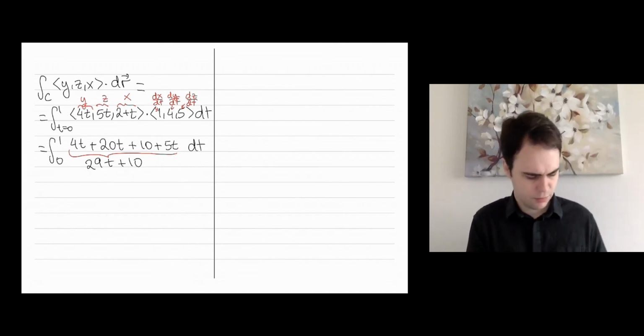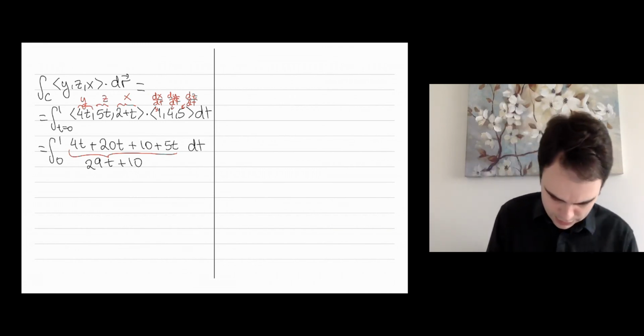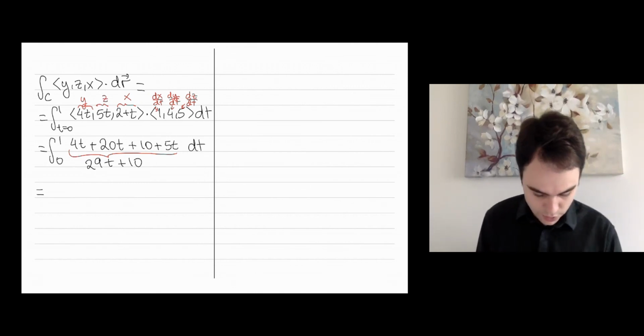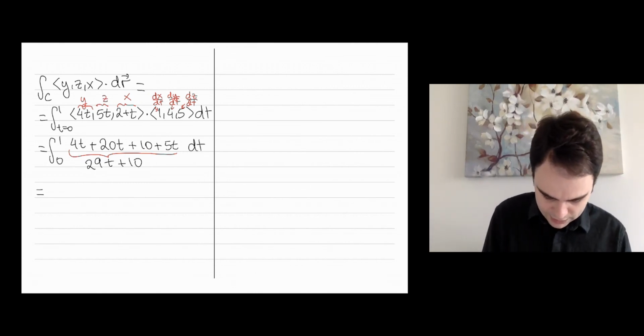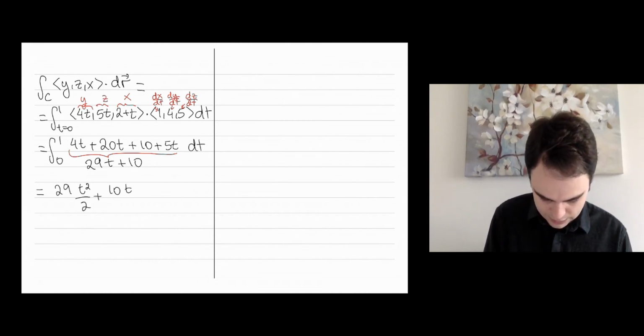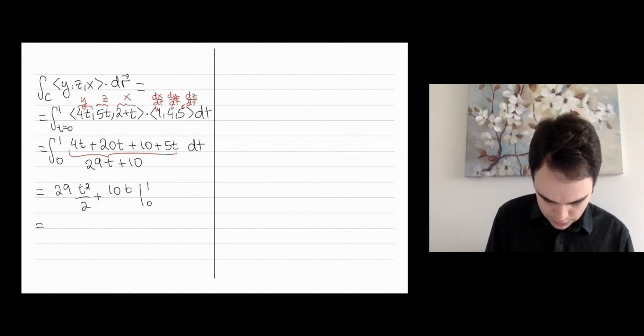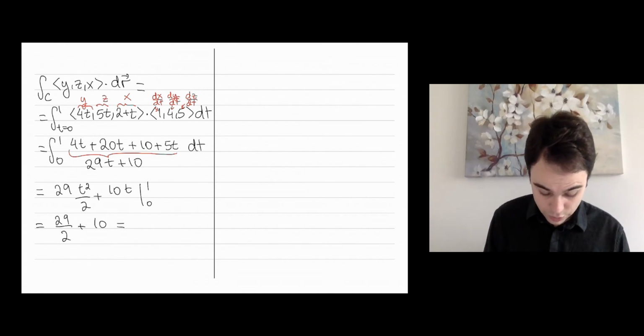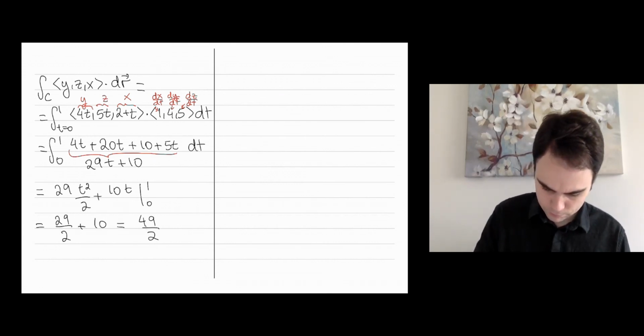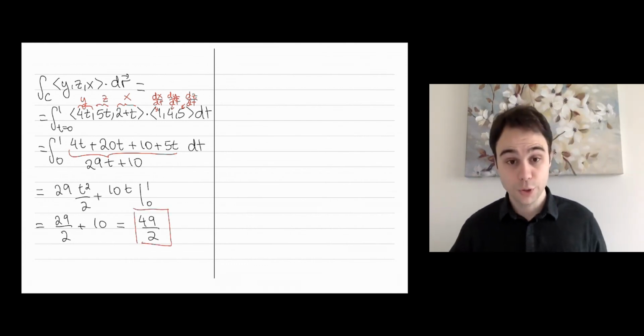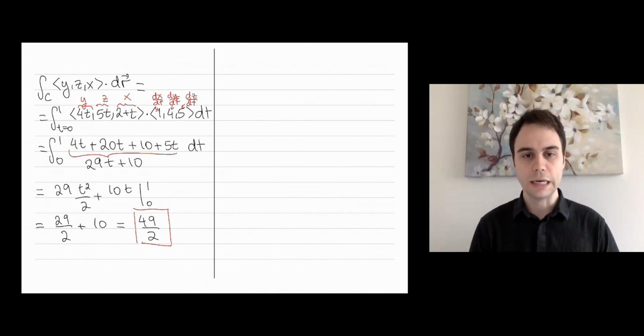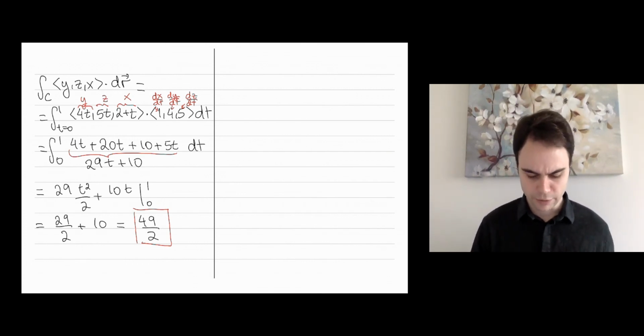Integrating with respect to t, I get 29t squared over 2 plus 10t evaluated between 0 and 1. That's 29 halves plus 10, which is 49 halves. So there you go, that's how we compute the line integral of a vector field.